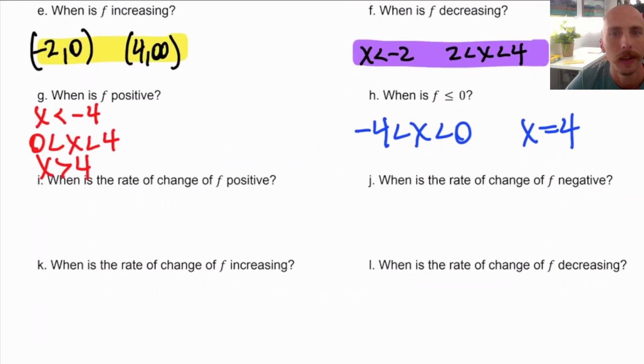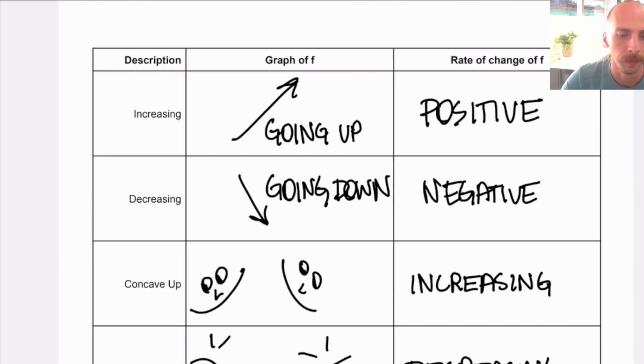When is the rate of change of f positive? This is the type of thing that I want to be really intentional about. All right, so the rate of change is positive. And just this time, maybe not every time, I am going to flip back to the reference grid. I see right here, rate of change is positive is the same as increasing, which is where the graph is going up. I need to be looking back on the graph to see where the function's increasing.